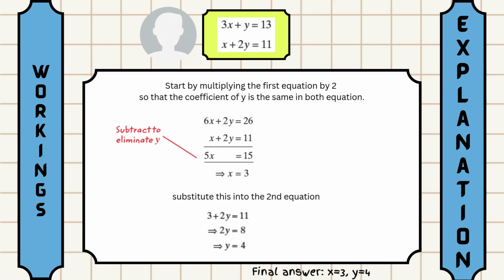So here your final answer is x equals 3 and y equals 4. And always remember to check back these two answers by substituting both of these into the first and second equation, whether they satisfy or not.